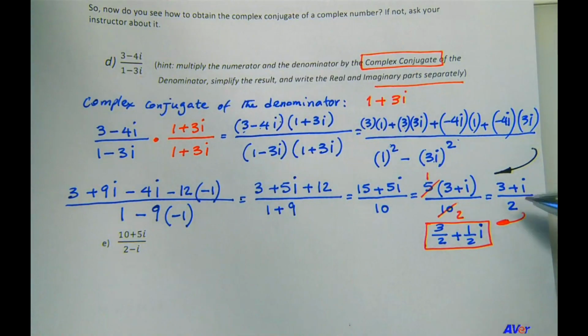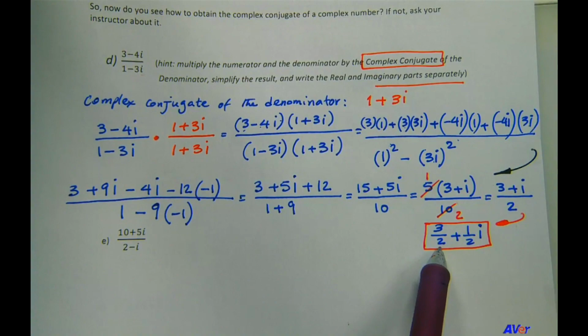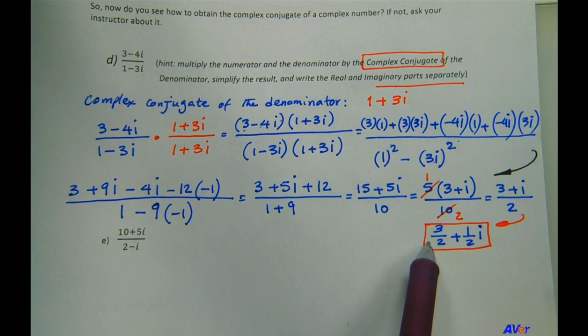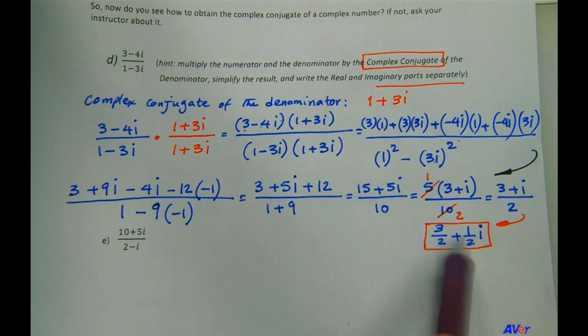If you leave it like that, the real and imaginary part are still mixed. But when you write it like this, then the real part is 3 halves, the imaginary part is 1/2, and the 2 pieces are written separately. Okay, so that's the final answer for that.